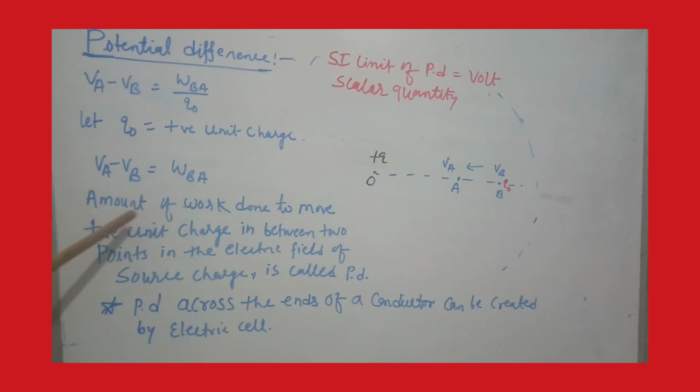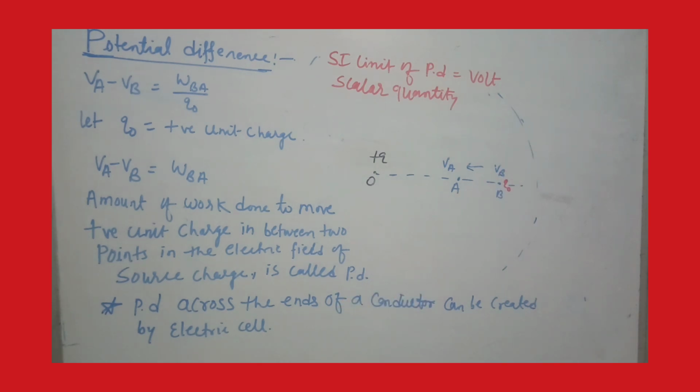Then we can define the amount of work done to move positive unit charge between 2 points in the electric field of source charge, and this is called potential difference between point A and B. So by the relation we can simply understand potential at point A is higher than that of B.